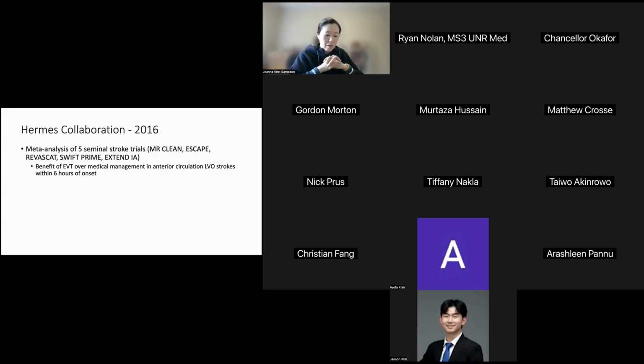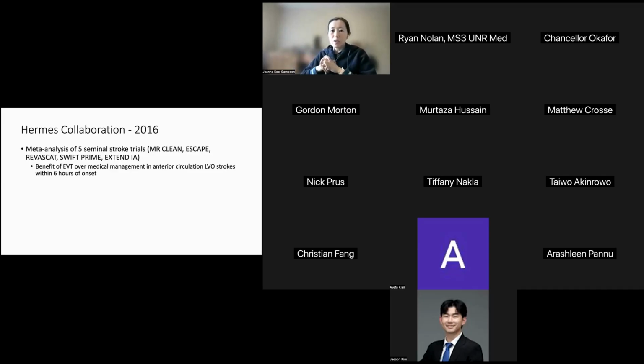In terms of endovascular therapy or thrombectomy for acute ischemic stroke, 2015 and 2016 were really the seminal years, because a large number of randomized controlled trials came out showing the benefit of endovascular therapies for acute ischemic stroke.